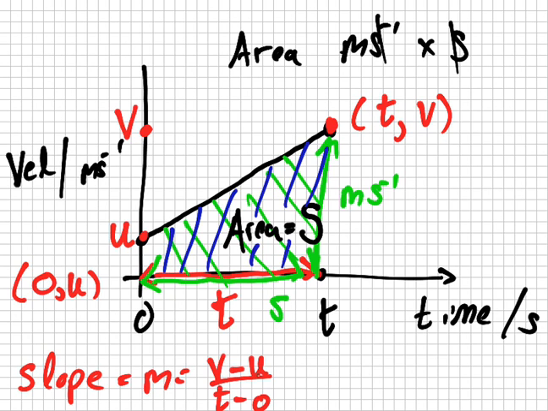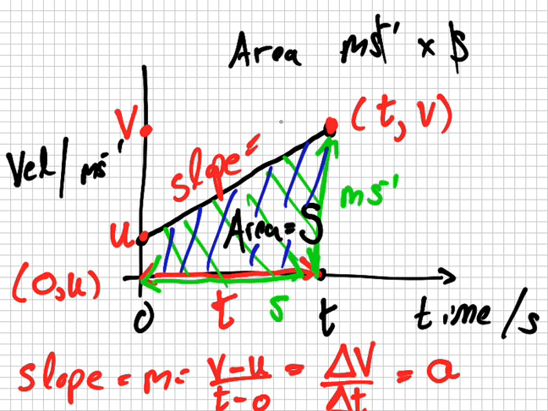But V minus U is the change in the velocity, so that is delta V. And then T is the time. So that is the A. In other words, the slope of the line is equal to the acceleration.